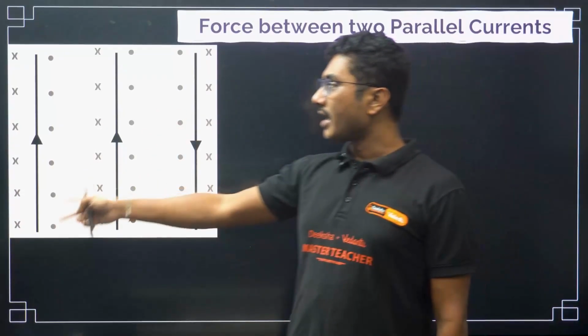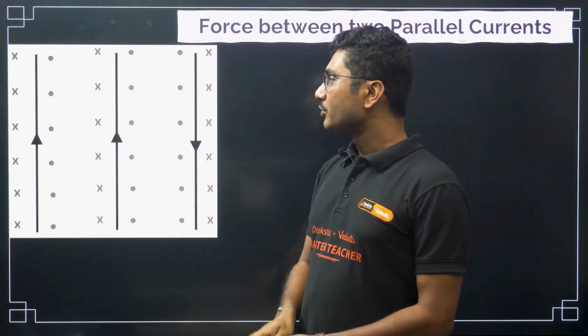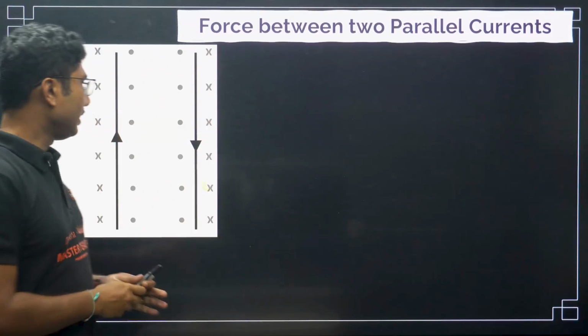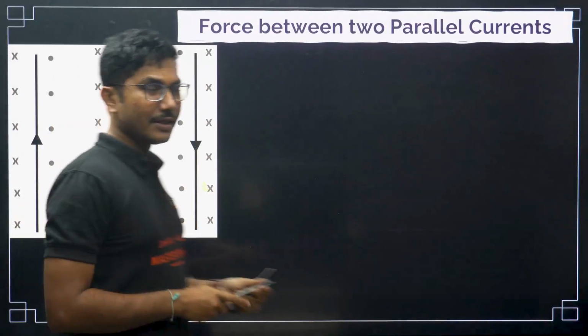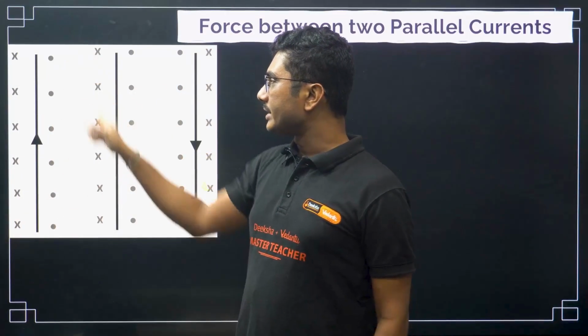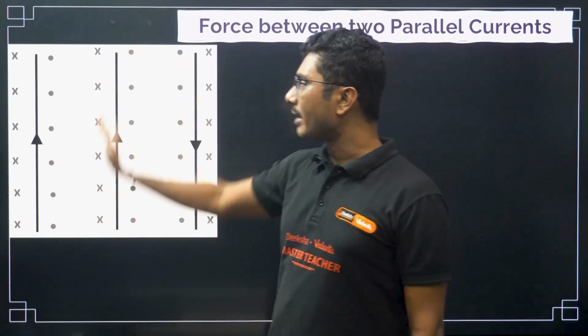So here we have two parallel wires carrying current. Either you consider these two wires or you consider the next two wires. Why so? Because if you consider these two wires, in both cases current is being passed in the same direction. These are called parallel currents.